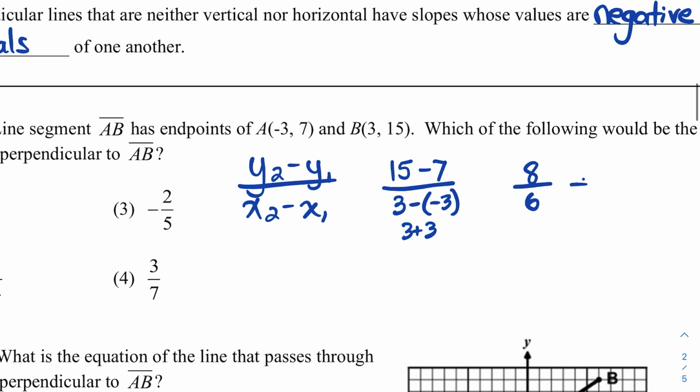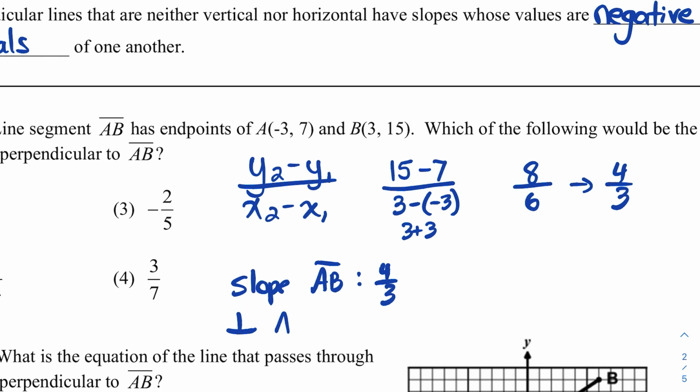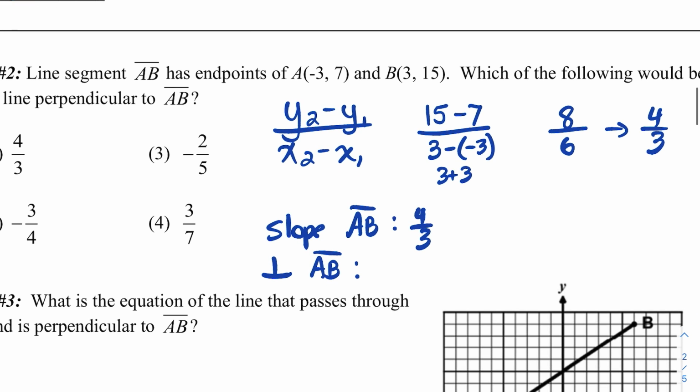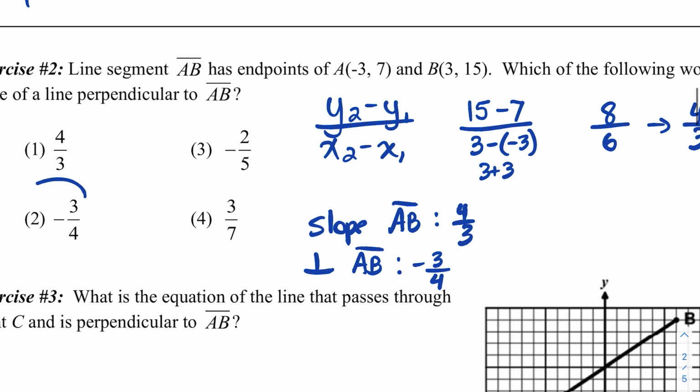Let's simplify that to be 4/3. The slope of AB is 4/3. So perpendicular to AB would have to be the negative reciprocal. Let's flip it and negate it. That's going to be -3/4. So choice 2.